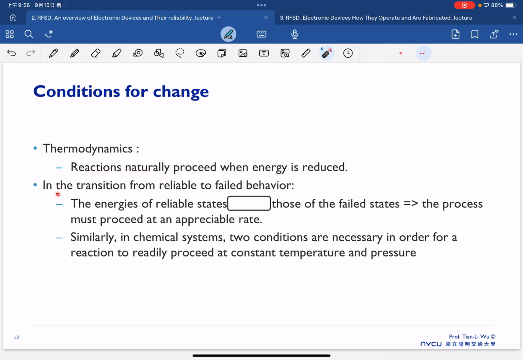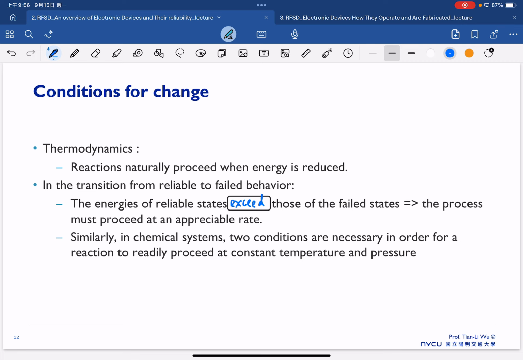So when we talk about the transition from reliable to failed behavior, the energy of a reliable state always exceeds that of a failed state.